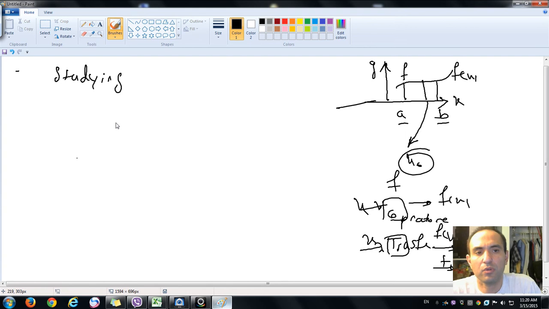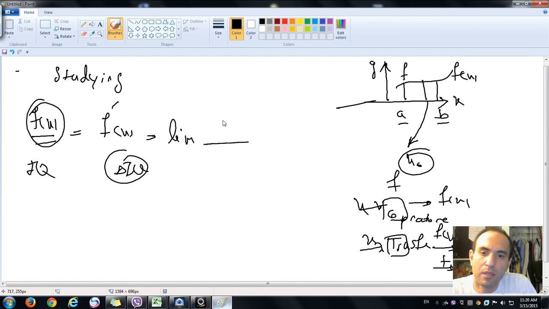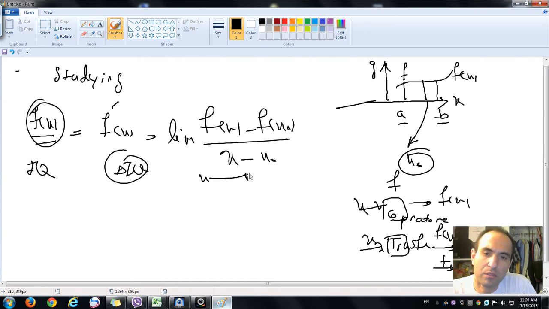We want to discuss the derivative of a function. You want it to become something that shows you your delta, and this is the limit of f of x minus f of x0 over x minus x0 when x travels to x0.